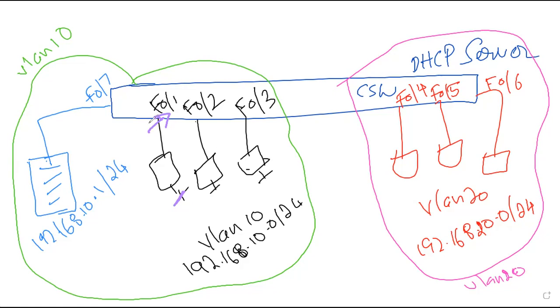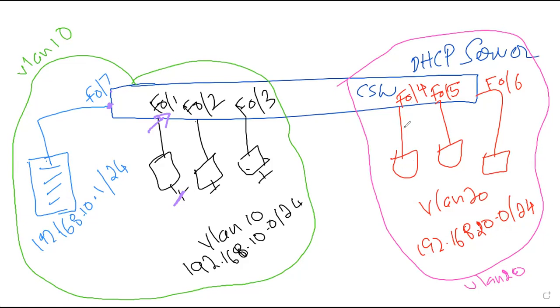So the broadcast information goes to every port, including port number 7, because this port number 7 belongs to VLAN 10, having the same IP within the network. So the DHCP request coming from port number 1, 2, 3 also goes to port number 7, and they will be releasing the IP address from the DHCP acknowledgement request, etc. At the same time, this DHCP server also has a configured pool of IP for VLAN 20.